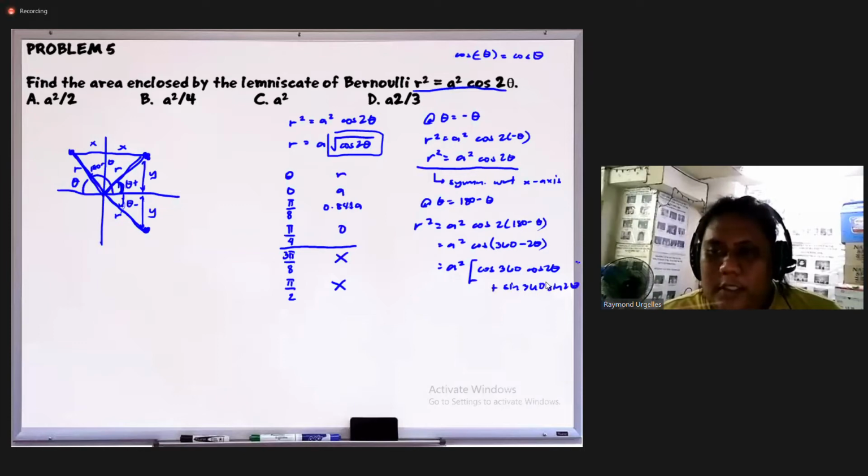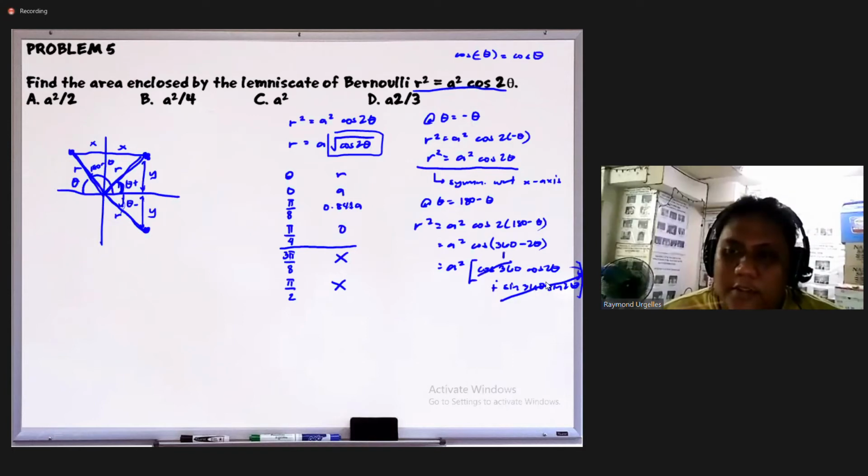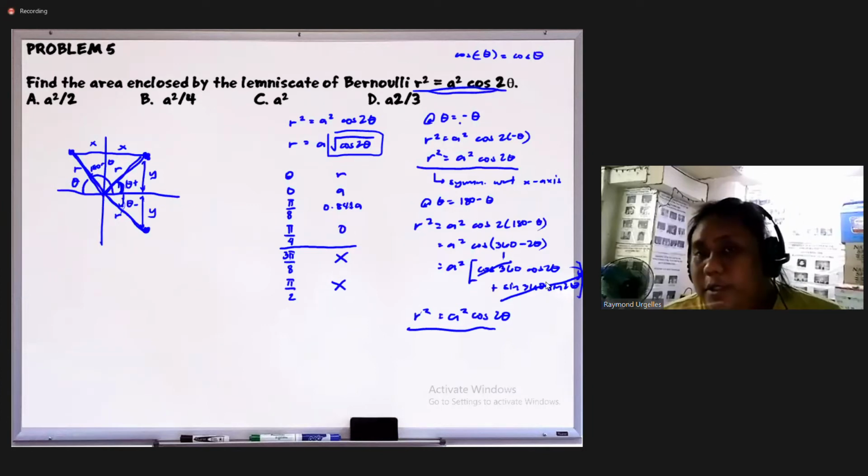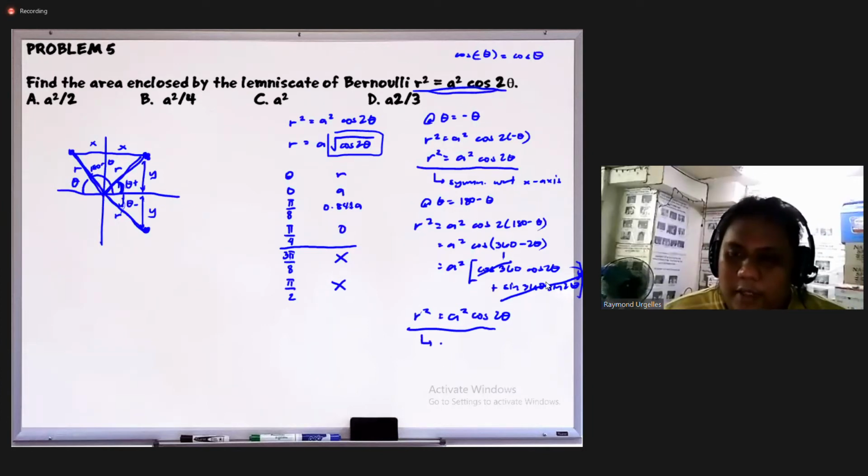So ano yung sine 360? Sine 360 is 0. Ano yung cosine 360? 1. So therefore, babalik lang siya sa a squared cosine 2 theta. So as you can see, walang pinagbago sa original equation. So therefore, this is also symmetric with respect sa y-axis.